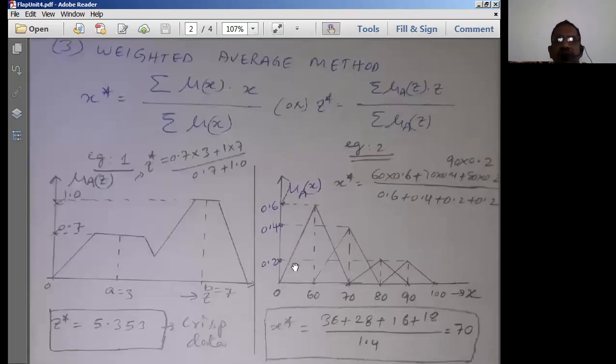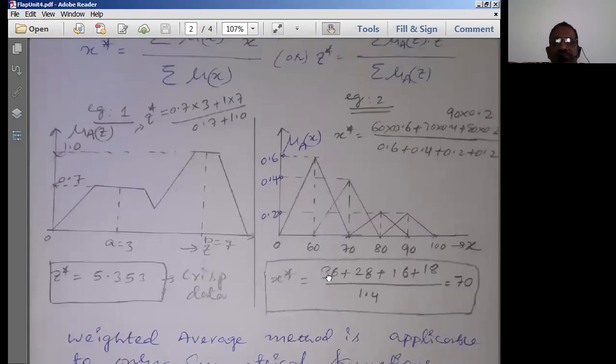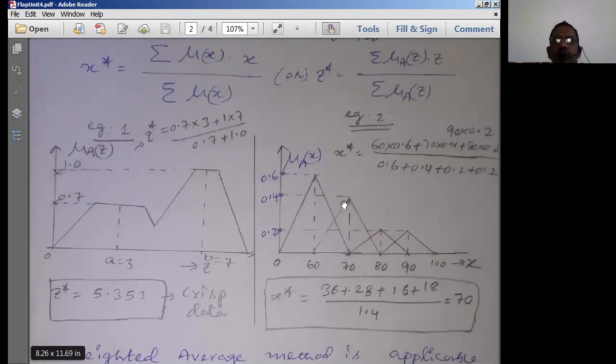Let's go with another method called the weighted average method. I have explained this using two methods. What is the goal of defuzzification? Finally you have to find out the crisp data, that's all. Whatever method we use in defuzzification, finally you have to find the crisp data from the given fuzzy data.